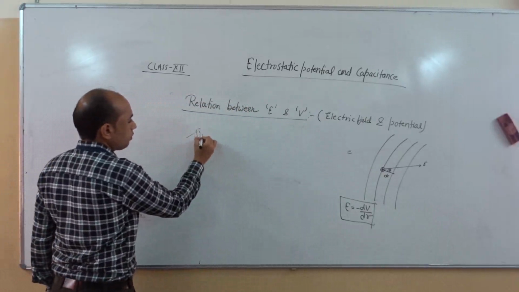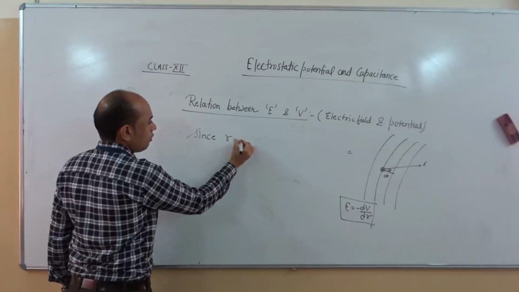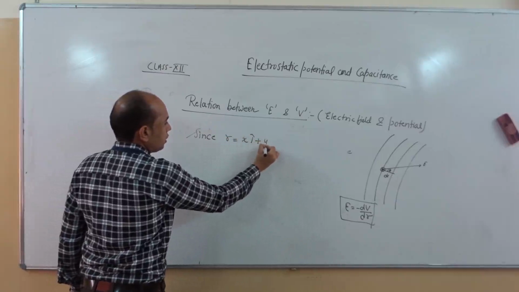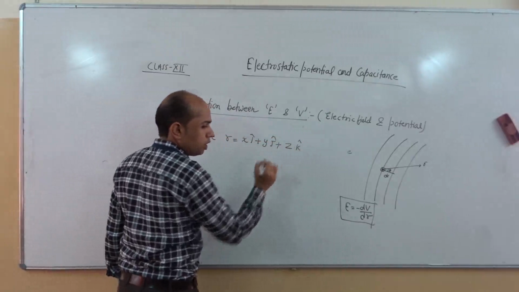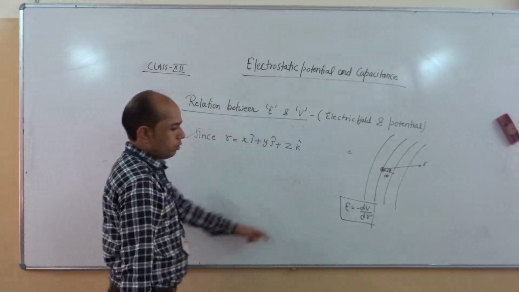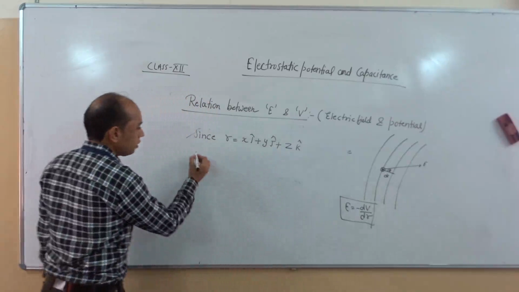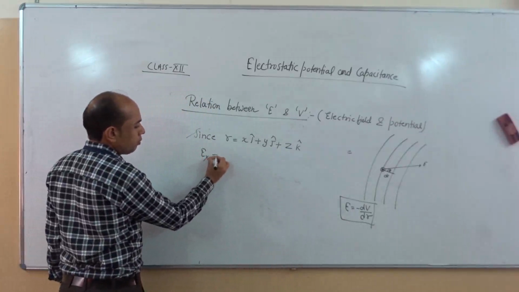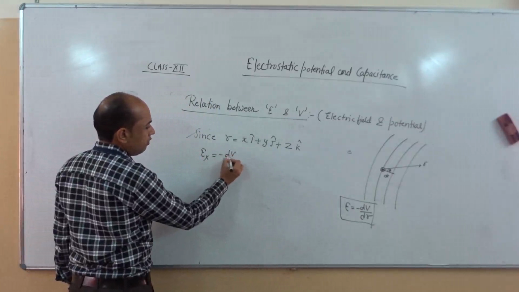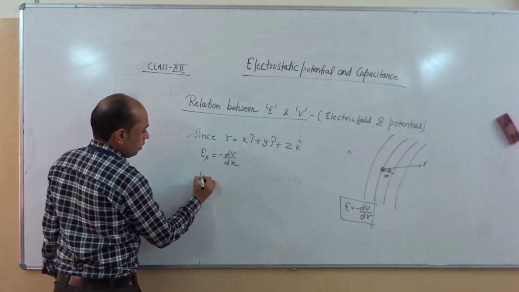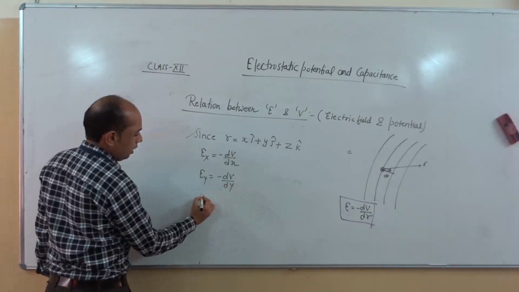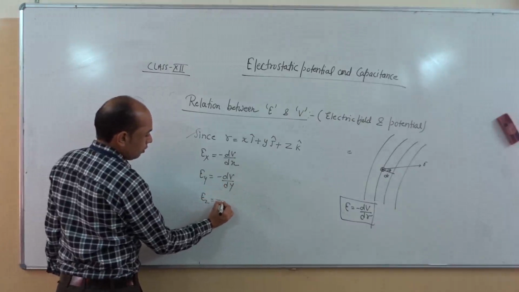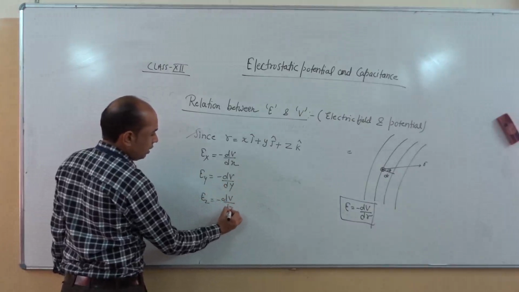Since r is equal to xi plus yj plus zk, this denotes the position vector. So this relation is also written as, along x component, Ex is equal to minus dV by dx, Ey is equal to minus dV by dy, and Ez is equal to minus dV by dz.